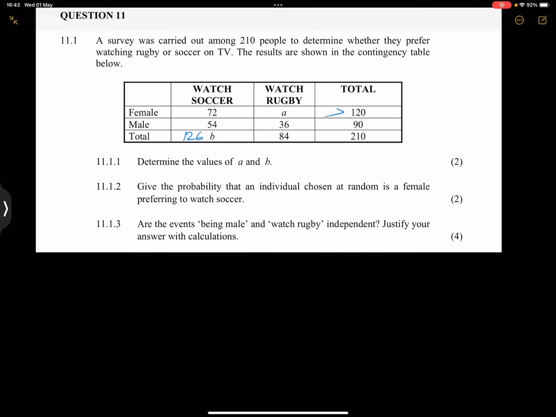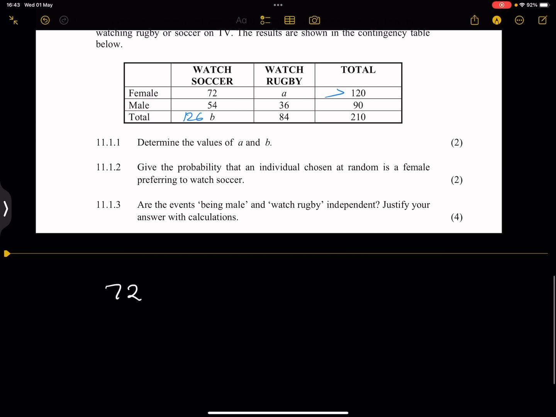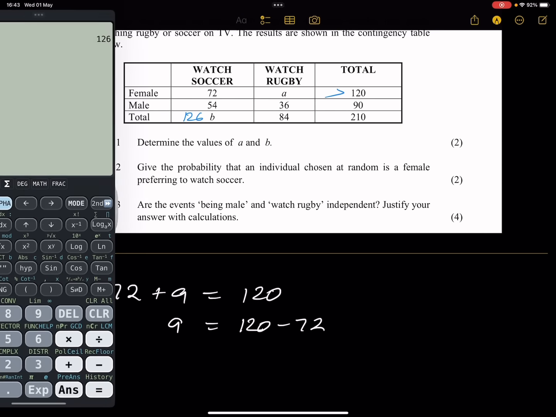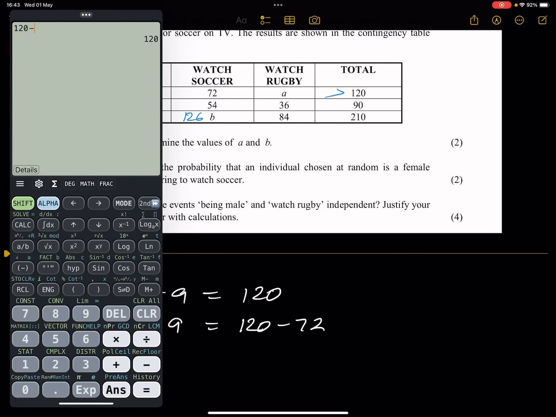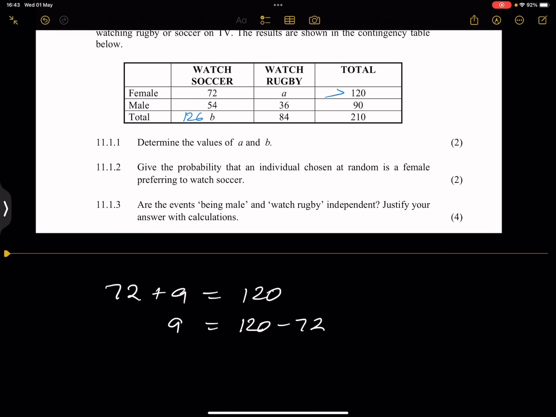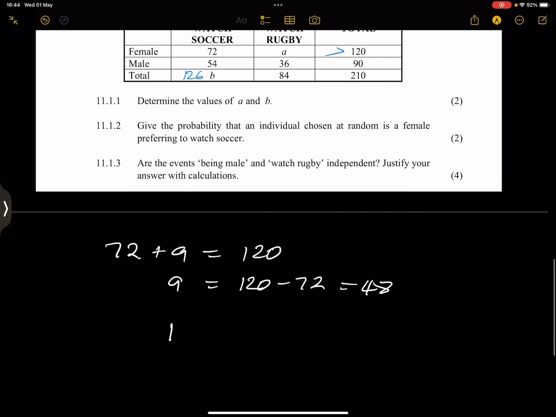So A will be 120 minus 72. And what does that give us? That's 48. I'm doing this for the sake of time. So A is 48, and we said B would be equal to 72 plus 54, and this would give us 126.